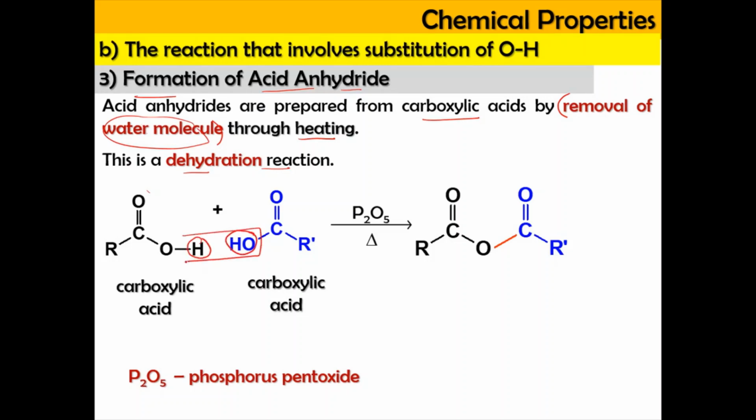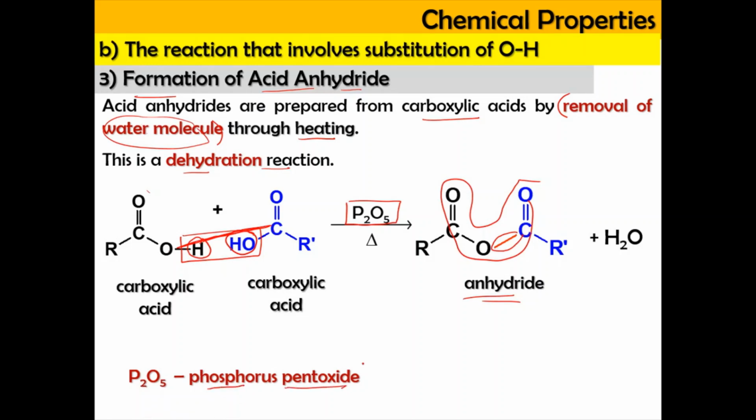You're going to remove water, and then you're going to link the carbon and oxygen here. This is why the red color bond is forming, because the carbon and oxygen here are going to link together. Okay, and the byproduct here is going to be water. This structure here is known as anhydride. And this must happen using P2O5, which refers to phosphorus pentoxide, at high temperature.